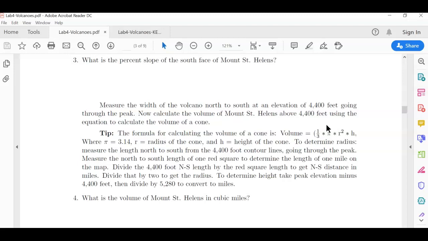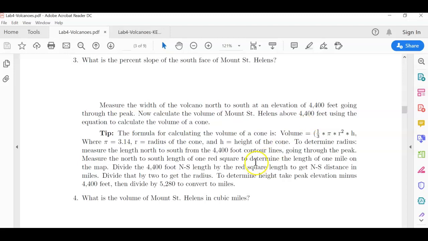The radius we will find from the distance measured from the 4,400 feet mark on the north to the 4,400 feet mark on the south. And then the height is going to be equal to the peak elevation minus the 4,400 feet, because that is where we're starting. That is, in theory, the base of our cone, right?